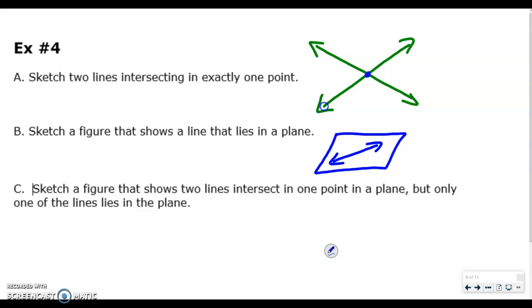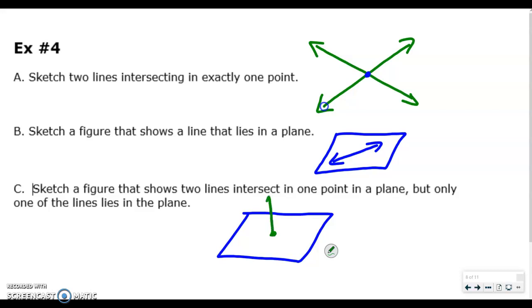So you would need to have a plane, and then we need two lines that intersect one another at one point, and that point being on the plane, but only one of the lines on the plane. So let's say here's where our lines are going to intersect.